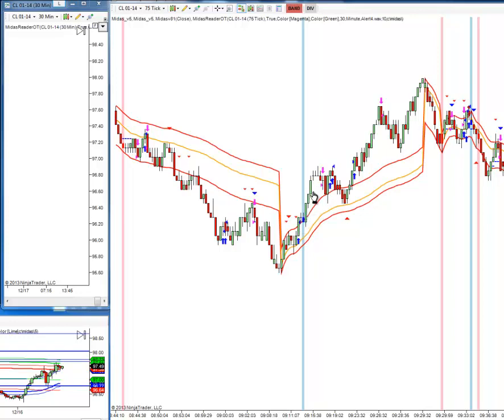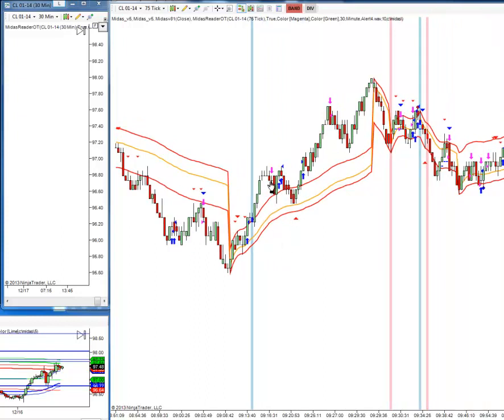Sorry, I get confused because in NinjaTrader, the color scheme is kind of funny. If you start off shorting, the color for the entry is magenta, and if you start off buying, the color is blue. So if you don't have the text on there, it gets a little bit confusing from that perspective.